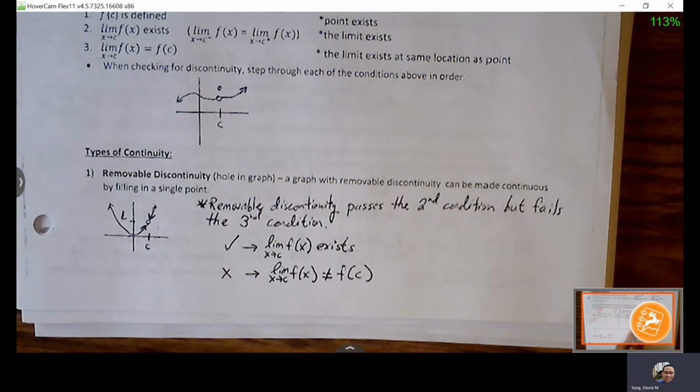Okay. I'm going to summarize that on the second page.